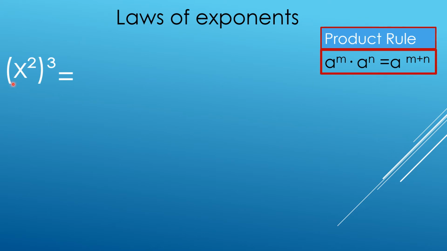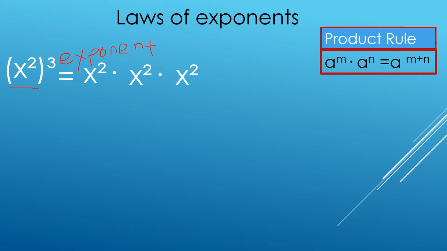Now, what about if I have the quantity x squared raised to the third power, or cubed? This is the base and this is the exponent. Now, what does exponent mean? Exponent tells how many times the base is multiplied, which means that the base x squared, we're going to multiply 3 times.